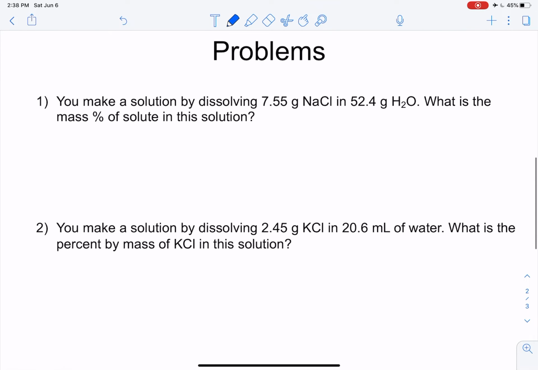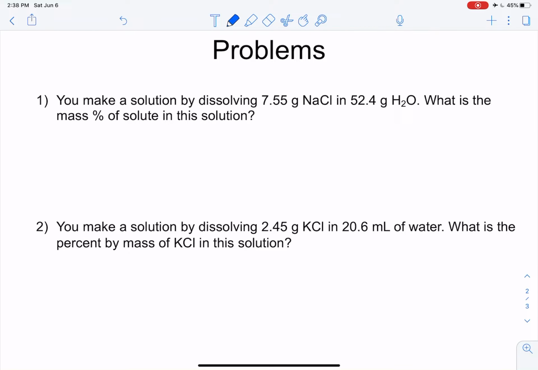So the first problem says that we're going to make a solution by dissolving 7.55 grams of sodium chloride in 52.4 grams of water. And we want to know what the mass percent of our solute is in our solution. So we can go ahead and write the equation for percent by mass just so we can remember what we're doing.